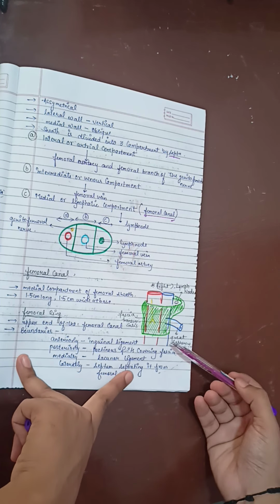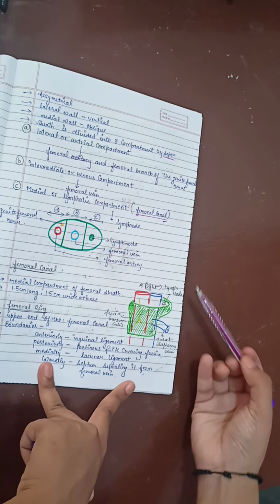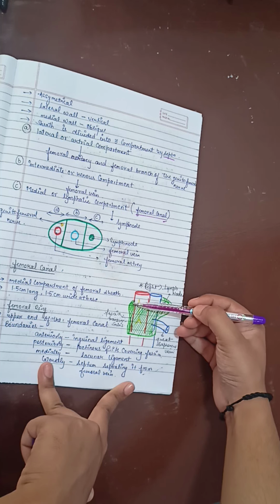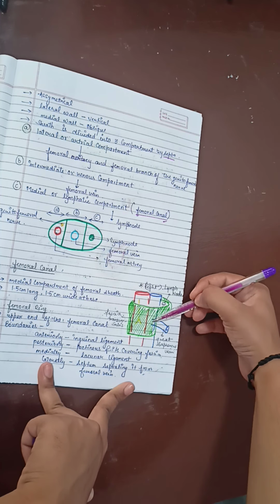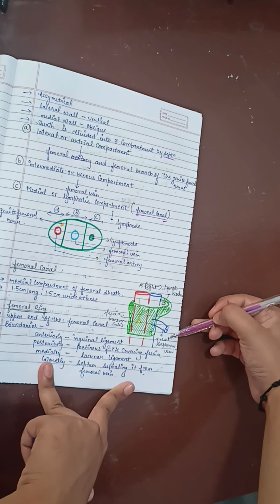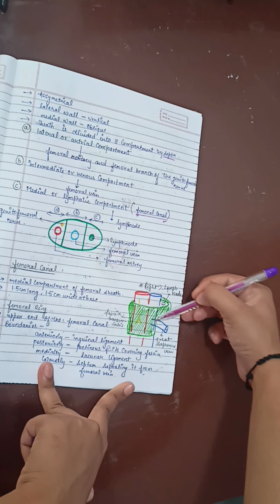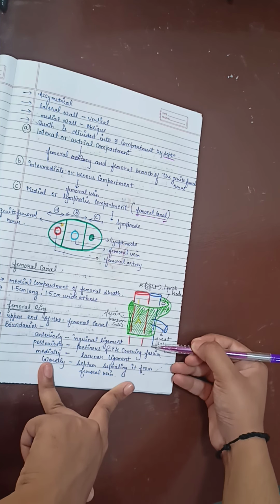Now we can see its diagram. This is the fascia transversalis, and this is the great saphenous vein, which joins with the femoral vein.